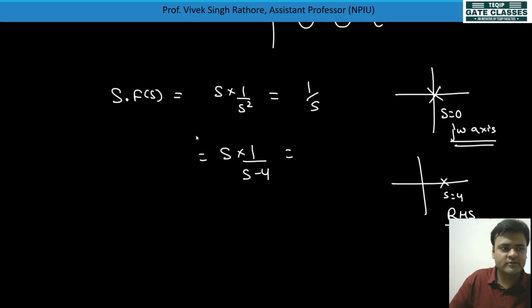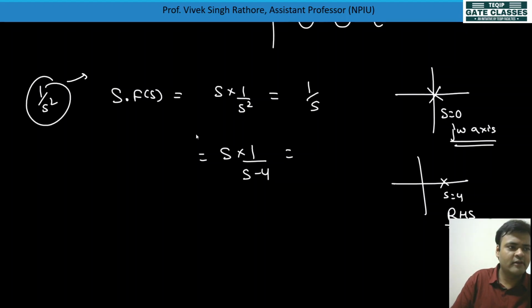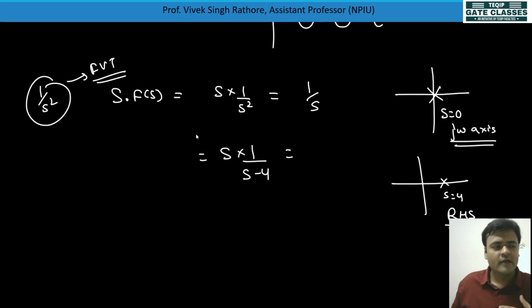So for 1 by s square, the final value theorem was applied. Final value theorem means we were able to calculate the final value, or we were not able to calculate, right? We were not able to calculate its final value, and we are now analyzing why we are not able to calculate it, why the value was undefined.